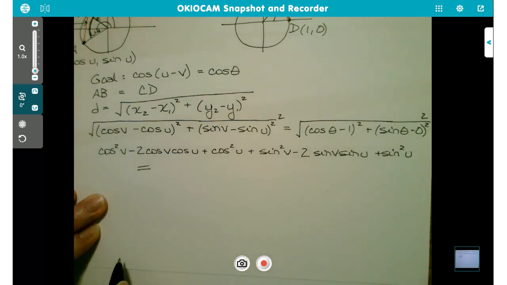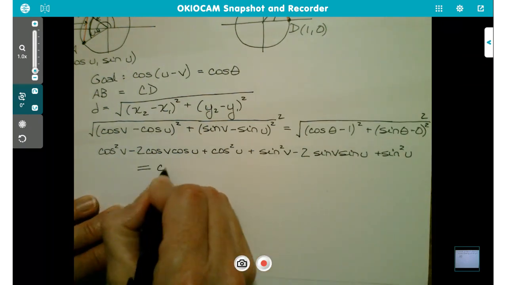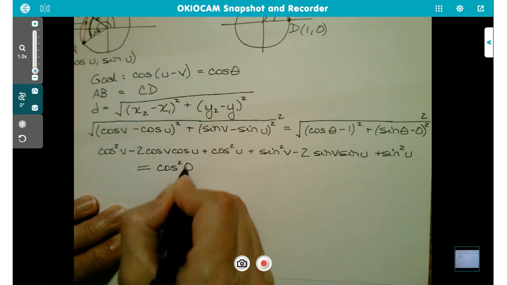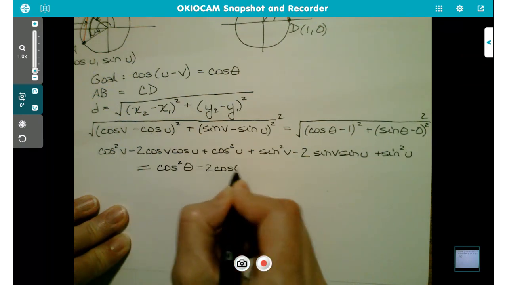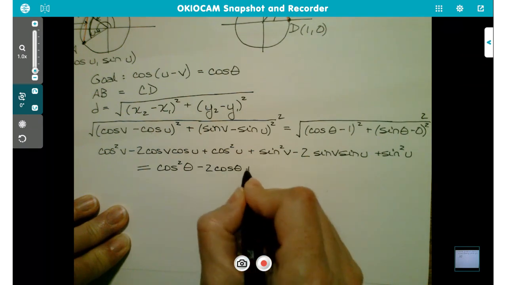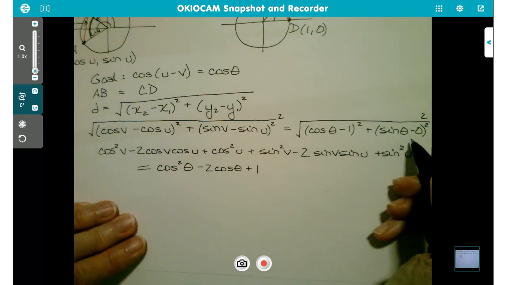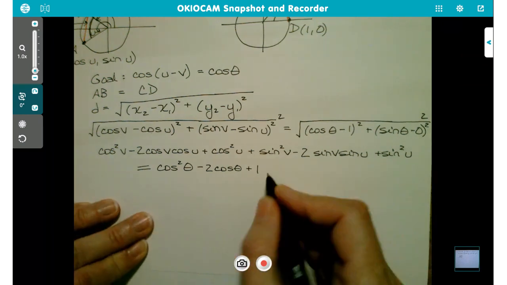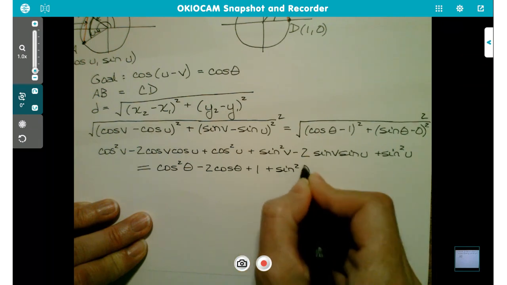There's my equal sign. Here we go. Cosine squared theta minus 2 times cosine theta times 1 plus 1 squared. And then, so yeah, sine theta minus 0 is just sine theta. So when I square it, I get sine squared theta.